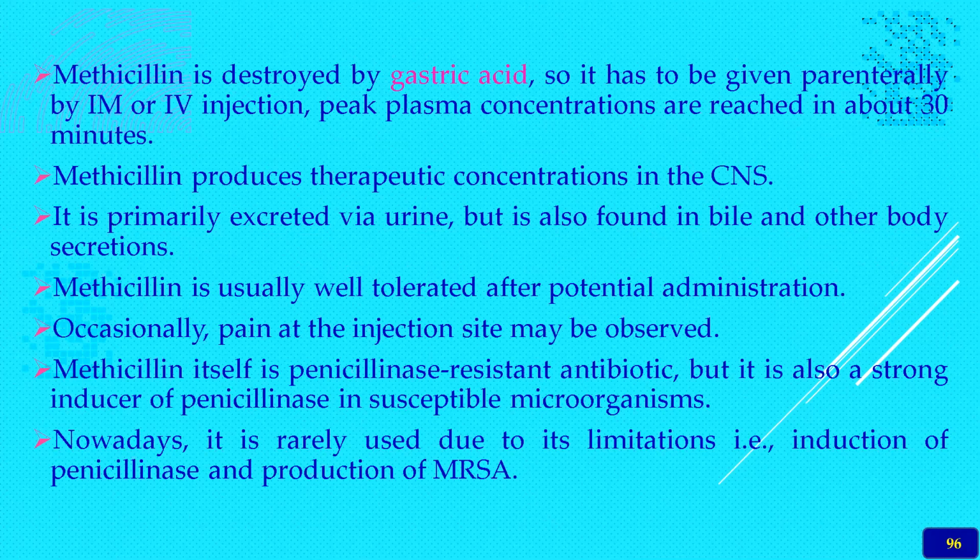It is primarily excreted via urine, but also found in the bile and other body secretions. Methicillin is usually well tolerated after parenteral administration, but there will be pain at the site of injection.